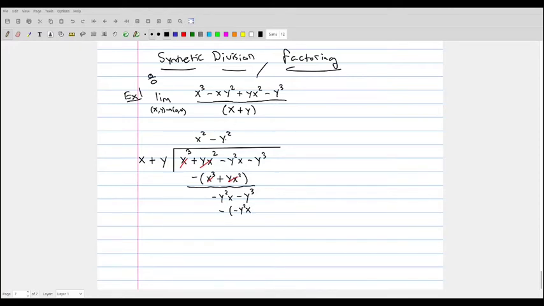And then also, negative y squared times y is negative y cubed. So when I subtract, these two terms cancel out and these two terms cancel out, which gives us a remainder of 0.